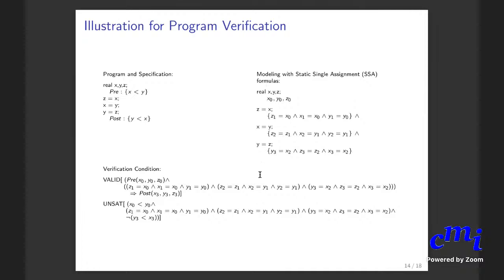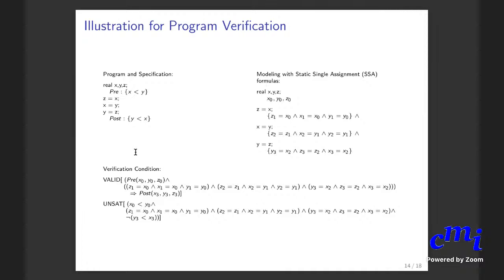The construction of this model as SSAs and the derivation of the verification conditions, given the program and your pre and post, can be completely automated. Then you can ship it off to an SMT solver, and you have an answer.